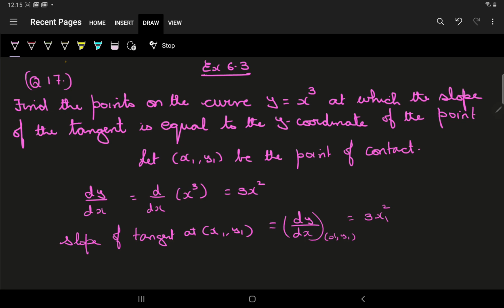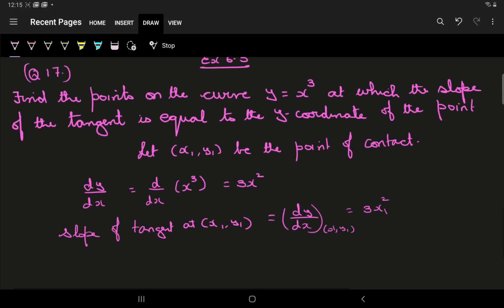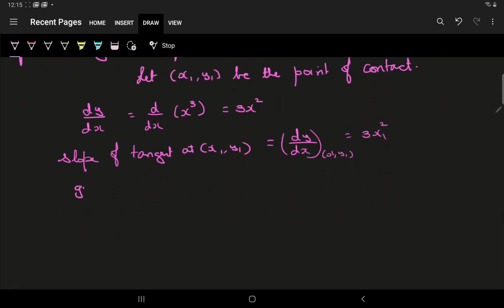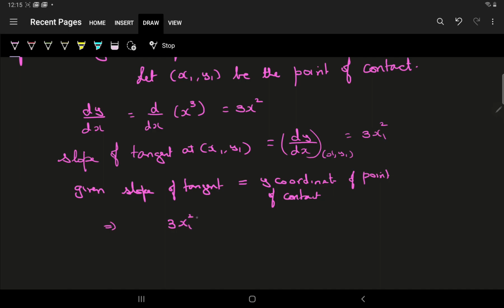So, it is given that the slope of the tangent is equal to the y coordinate of the point of contact. Which implies slope of the tangent is 3x1 square and that should be equal to y1. 3x1 square equal to y1.